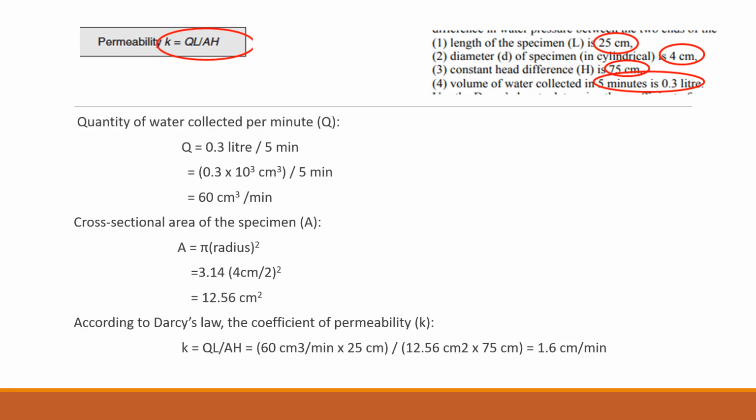So 1.6 centimeters per minute. But if you made it to seconds, I have to divide by 60. And if you make it to meters, then I have to divide again by 1000, isn't it? You get a very small number, 2 point something times 10 to the negative 4.